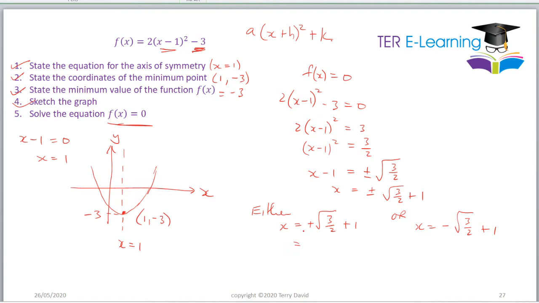The square root of 3 over 2 is 1.22, plus 1, so in this case this answer is 2.22. And on this side, square root of 1.5, and you're going to get minus 0.22. So you all could do the question and double check your answer with what I have here.